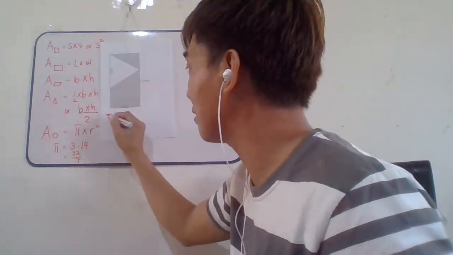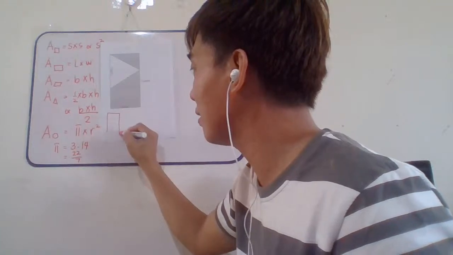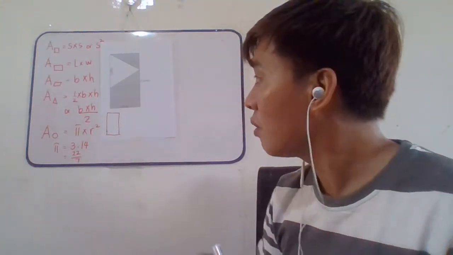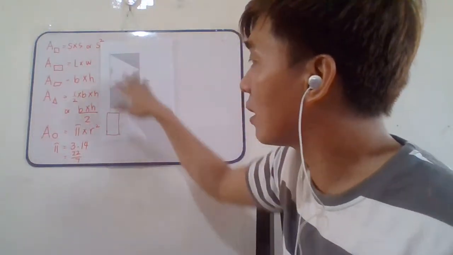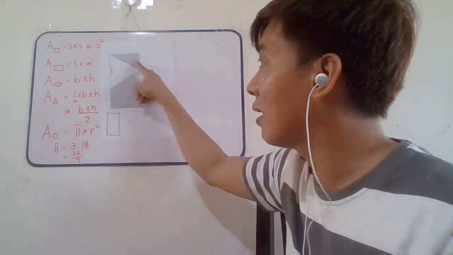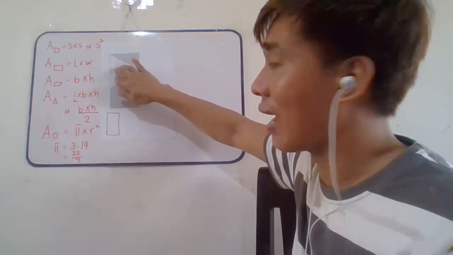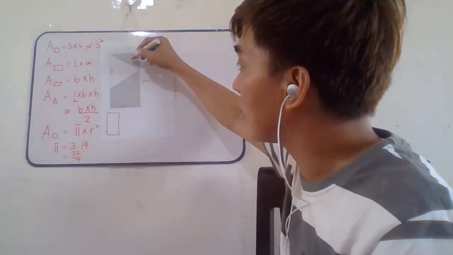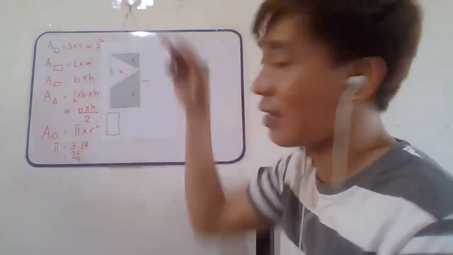We do have here the standing rectangle. And of course, you are only asked to get the shaded region. When you say shaded region, if we get the area of the whole rectangle, it includes the triangle. However, only the shaded, so only this portion, and not this one.